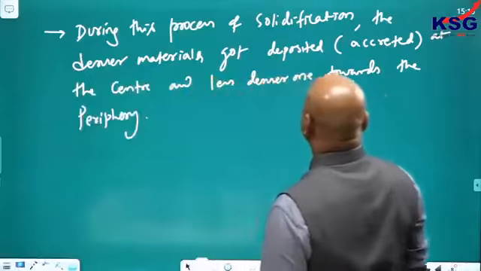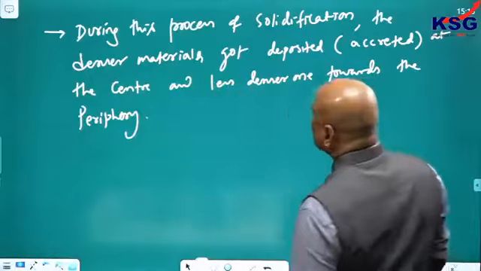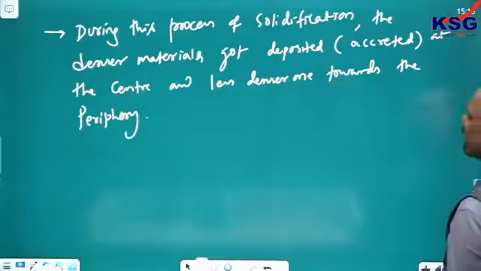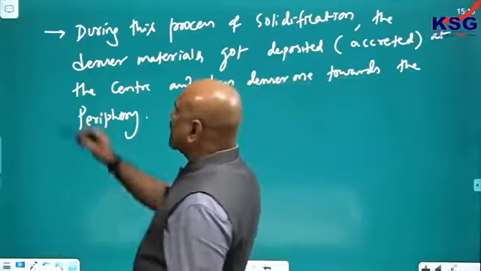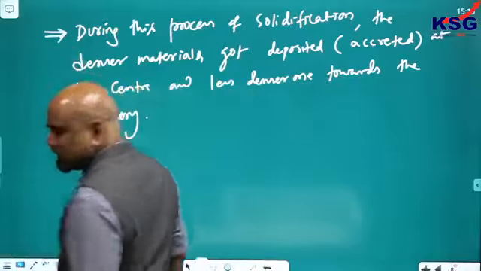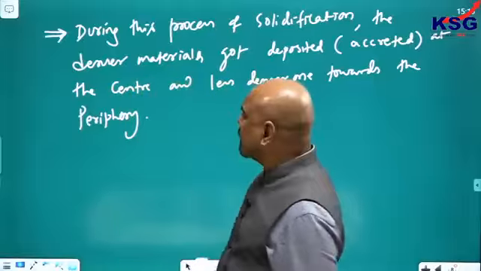During this process of solidification, the denser materials got deposited or accreted at the center and less dense ones toward the periphery. Denser ones at the center and less dense ones toward the periphery.